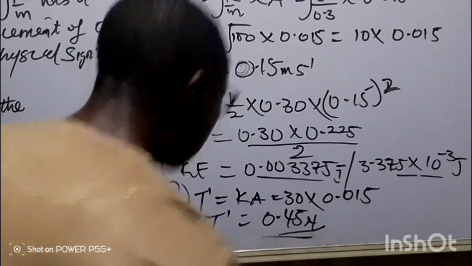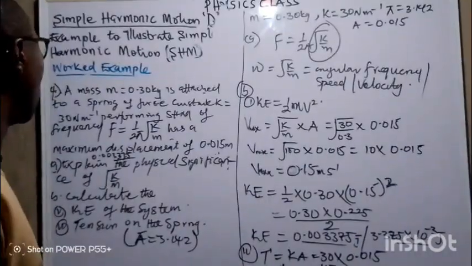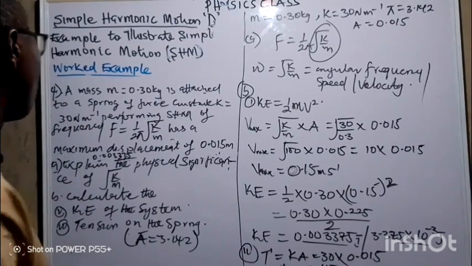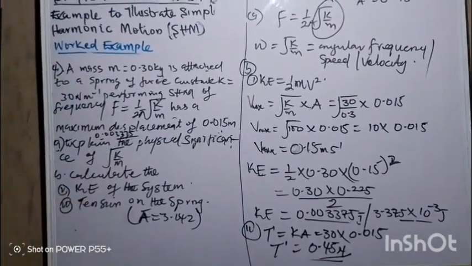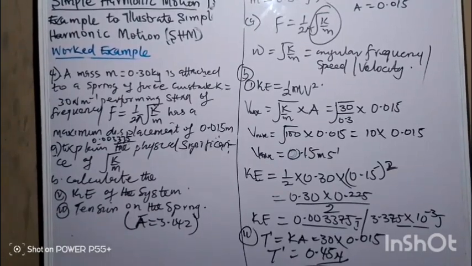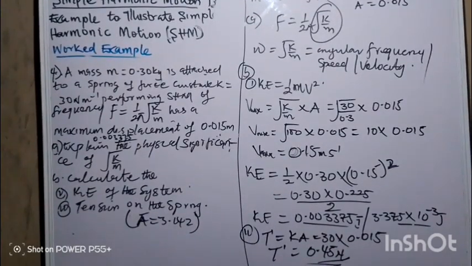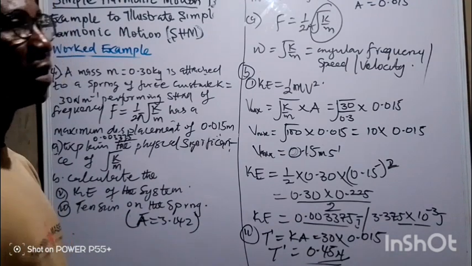Now, let's stop on this example 4, the second example to illustrate simple harmonic motion, which is a loaded spiral spring oscillating up and down under simple harmonic motion.